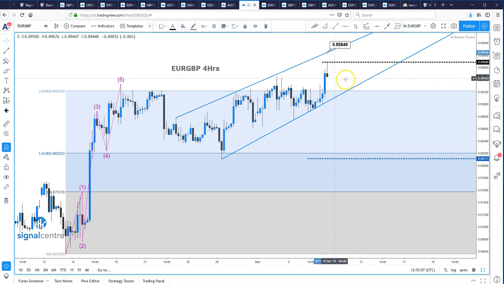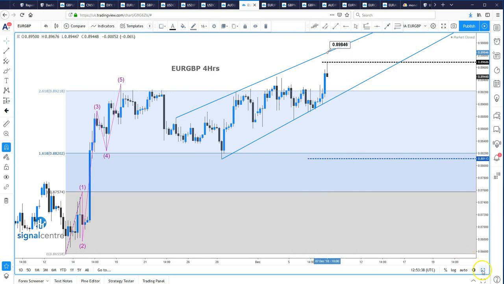Again, could stay within this wedge on Monday, an impulse break to the downside, and the measured move target's 88.11, and that would obviously indicate sterling strength, which also is a reflection of that potential wedge breakout on sterling dollar. So again, it's just highlighting that bias for stronger sterling going into next week.